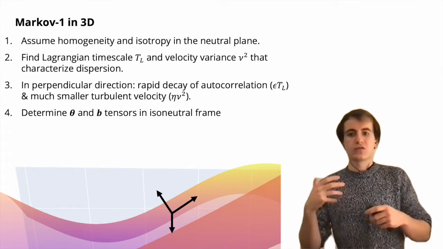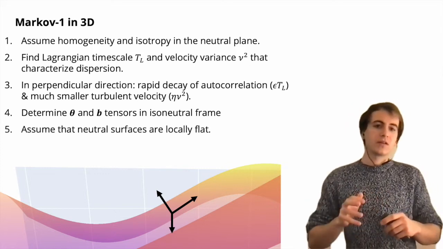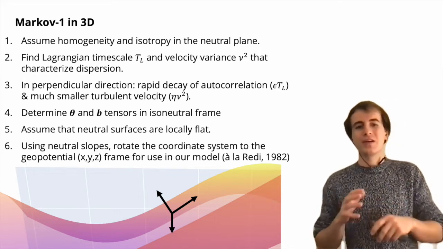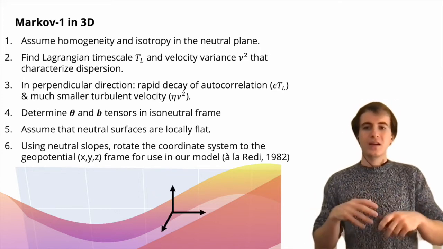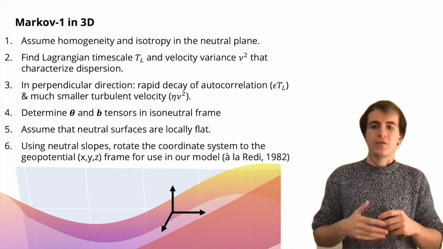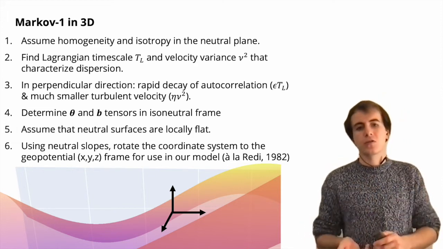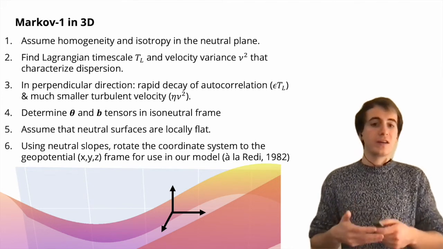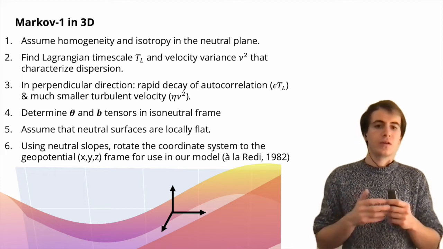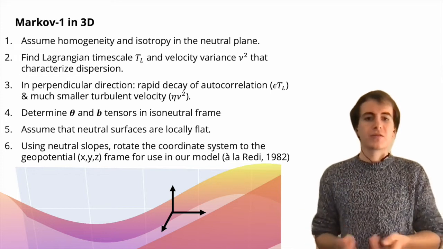And then if we assume that the neutral surfaces are locally flat, using the neutral slopes, which you will have to compute somehow, we can perform a coordinate rotation from the isoneutral frame to the geopotential or XYZ frame for the use in our Markov 1 model. So this is actually similar to the coordinate transformation that Redi used for formulating the isopycnal diffusion tensor back in 1982.